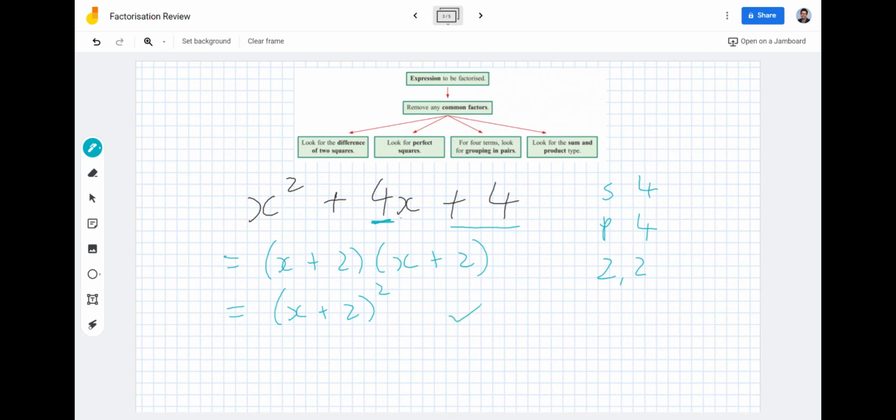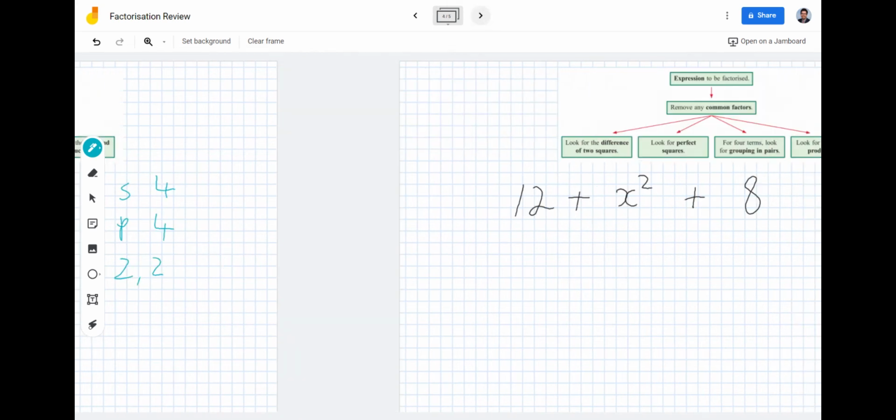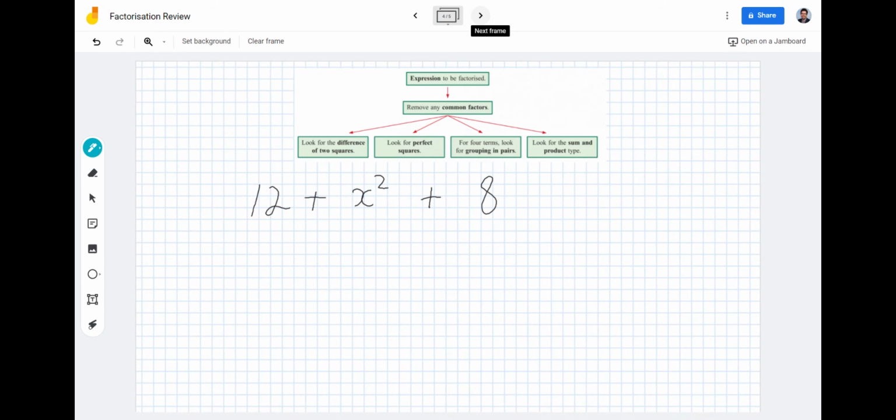Now, you could actually go straight to that step if you use the perfect squares rule, because 2 times 2, 2 squared is 4. But using the sum and product gets us to the same outcome as well. Sometimes it doesn't matter whether you fly Qantas or whether you fly Jetstar, as long as you get to the destination. All right, next one.